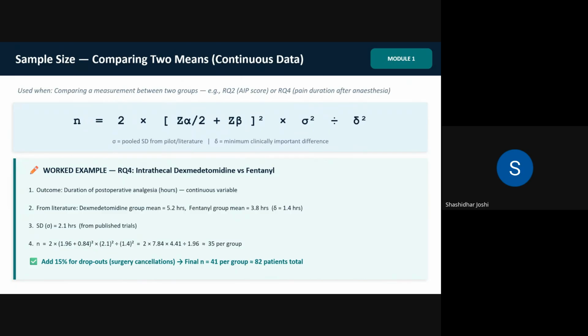Here the sample size is a little different because the outcome is the duration of post-operative analgesia in terms of hours.